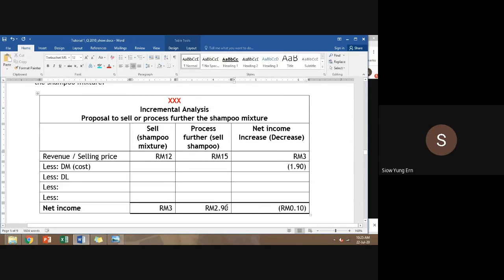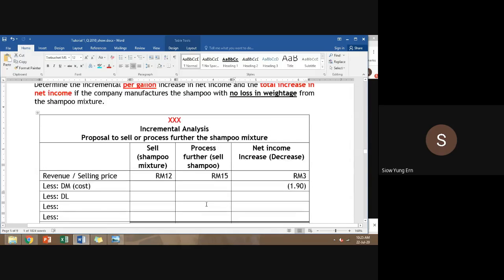This is per gallon. Okay, if you compare 3 ringgit, your net income from 3 ringgit decreased to 290. So here it also decreased. So your net income here will decrease, negative 10 cents per gallon.